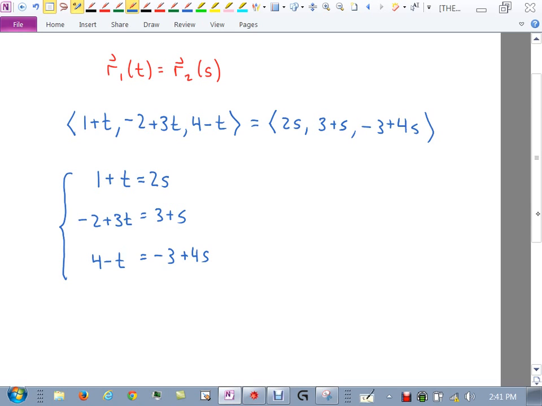Or if you're really into technology, you can use your calculator to do matrices and do a reduced row echelon form on your calculator, and you can solve it. I expect all my students, at least in Cal 2, to be able to use a calculator to solve systems of equations.